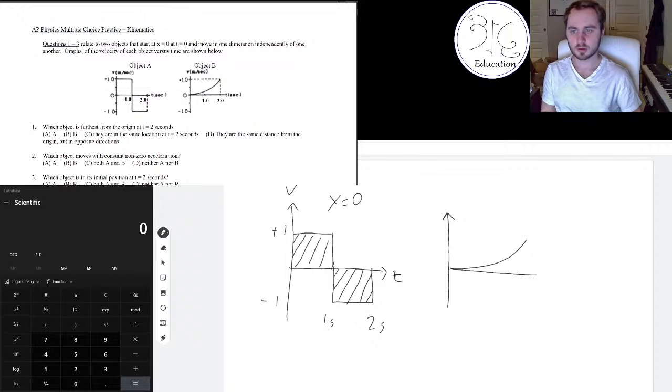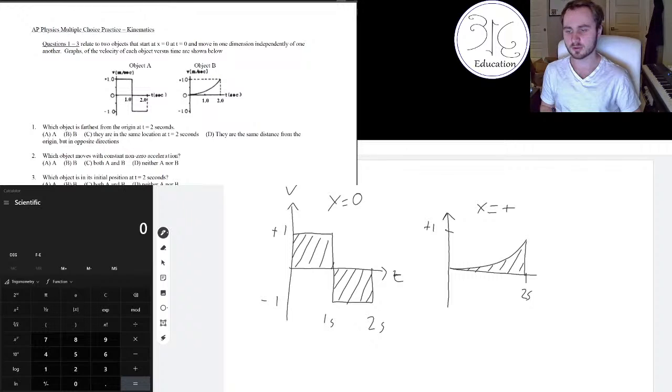And so if we draw down here, we can see that's at our time at 2 seconds, and we still reach this +1 by the time we hit 2 seconds. So our area under the curve is just going to be this guy. We can work this out mathematically if we had the function, but we actually don't need to, because all we need to know is that x is some positive value greater than 0.